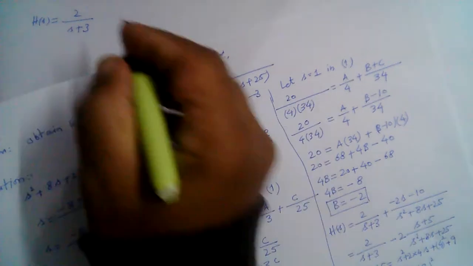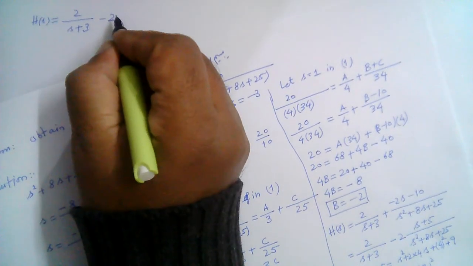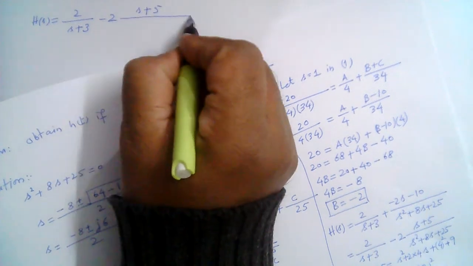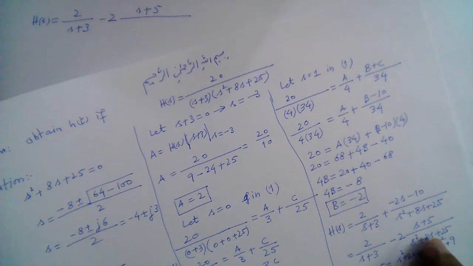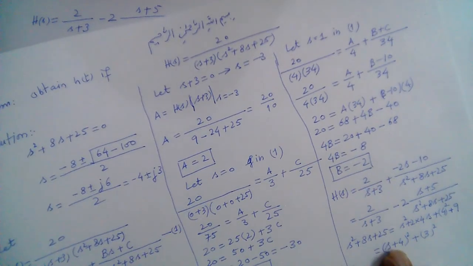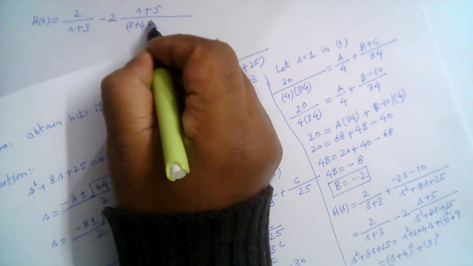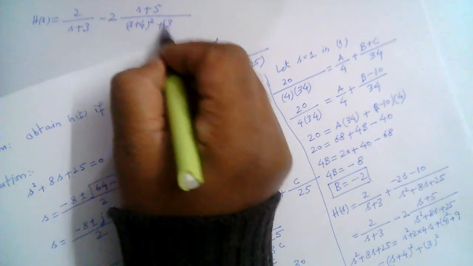And minus 2 times s plus 5 divided by this term. Yeah, we replace this with this one, right? So with this term, so this is s plus 4 squared plus 3 squared.